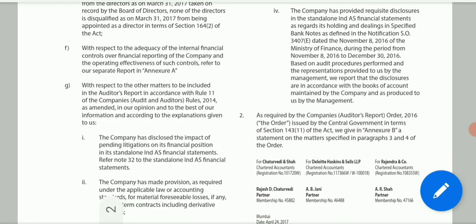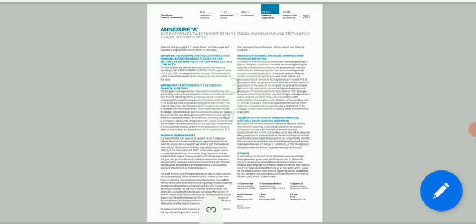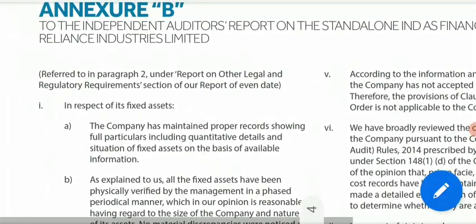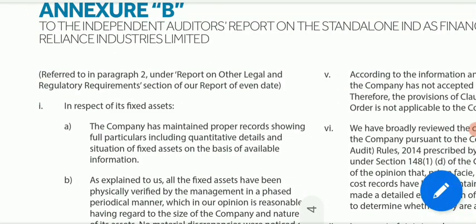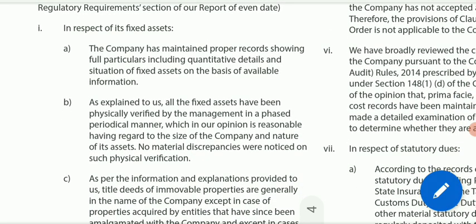So the matters we are studying now come under paragraphs 3 and 4, and we have to disclose in that way only. See, this is your Annexure B, this is how you have to disclose. The first point we read about was fixed assets. See, this is how you have to write.